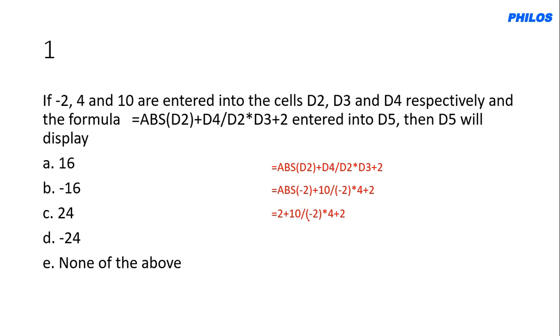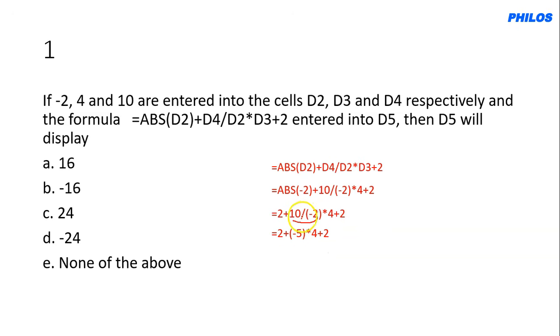So 10 divided by -2 will give you -5, and we rewrite: 2 plus -5 times 4 plus 2.